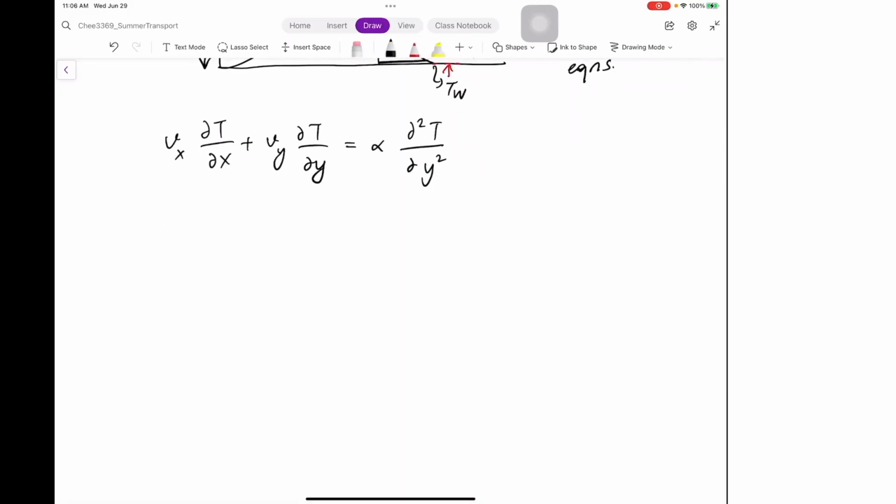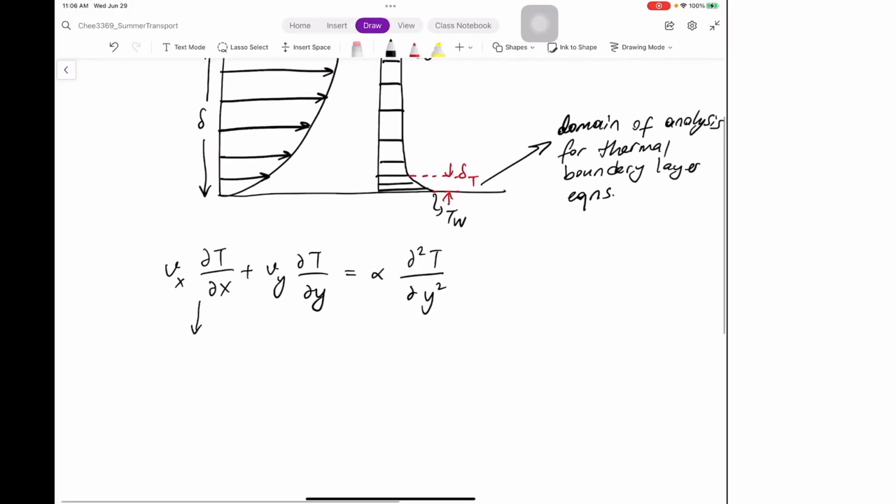And let's do the scaling analysis once again for this particular case. And this time Vx, look at here. So this is the region that we want to study, right? What does it mean? It means that we are actually dealing with these velocities, right?